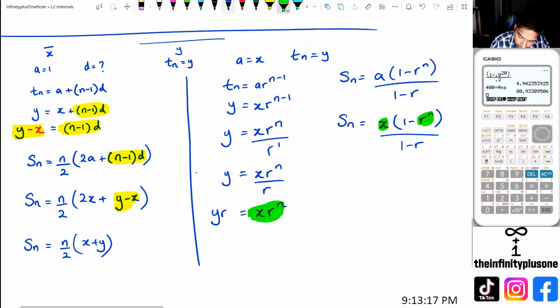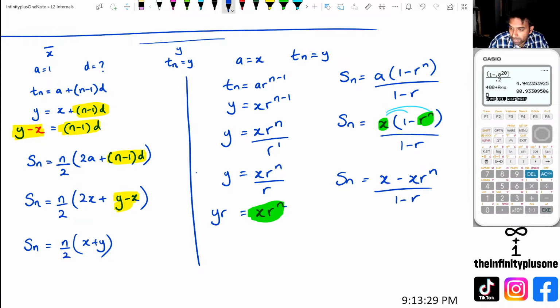So what you could do is expand the brackets, so you do this times this and this times this. What you're going to end up with is (x minus x r to the n) divided by (1 minus r). Then we can separate it: x over (1 minus r) minus x r to the n over (1 minus r).